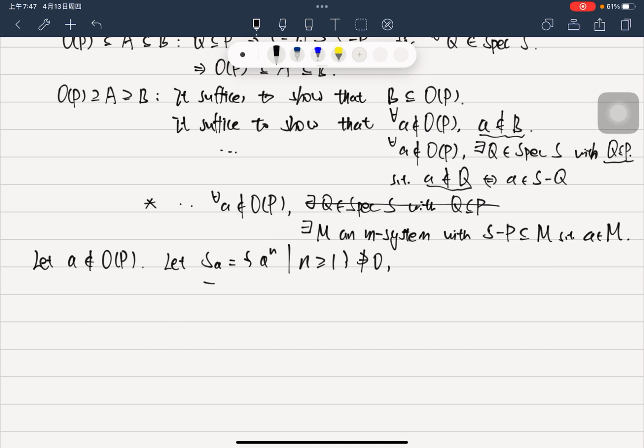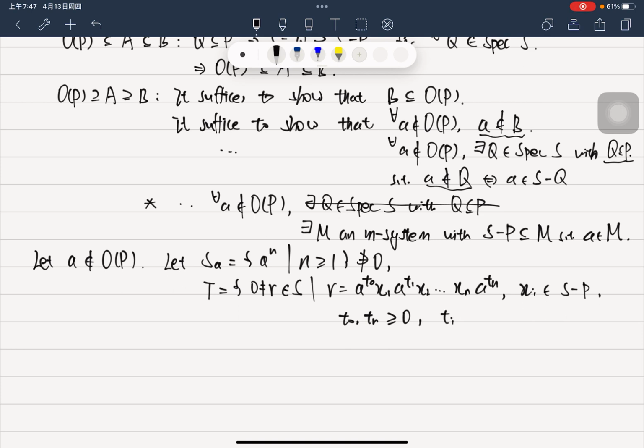And we let T be the set of elements in S such that R can be written in this form: A^T0 R X1 A^T1 X2 and Xn A^Tn, where Xi is contained in S minus P, and T0, Tn are larger than or equal to 0, but the others are larger than 0.